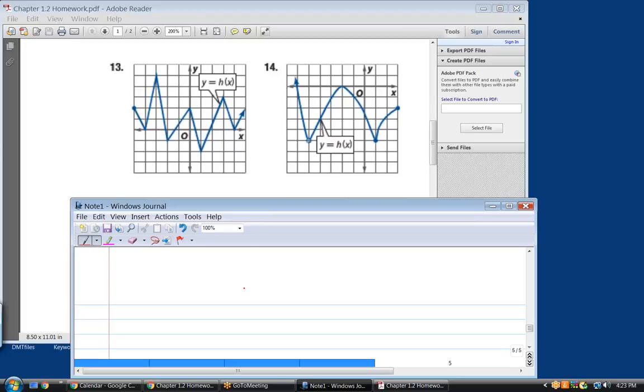So how am I going to write the domain on this thing? Would it be negative infinity to... I can't go to this number because I'm not allowed to have -5 according to this picture. So I've got to go up to -5 with a parenthesis.